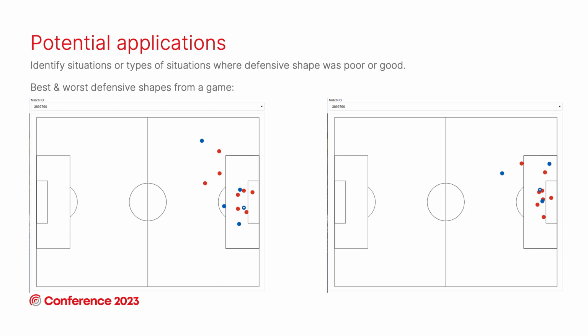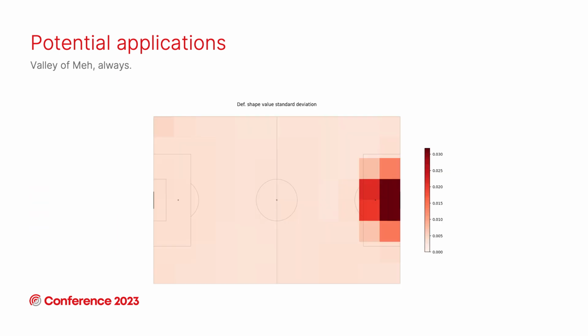This is something Tom, our CTO, calls the value of meh, which is kind of stuff with these kinds of models, stuff close to goal always matters loads more, and you lose the ability to really properly understand what's happening in the middle of the pitch as much as you'd like to.